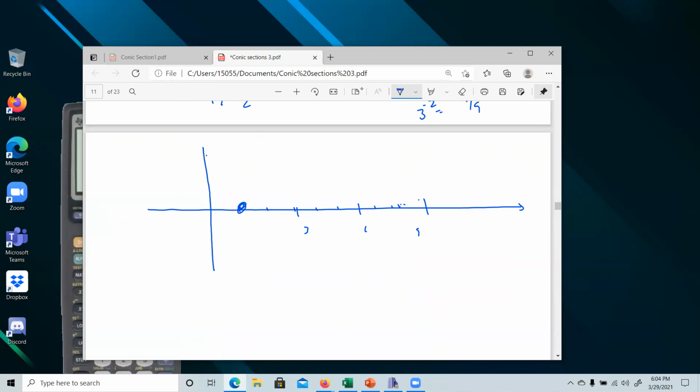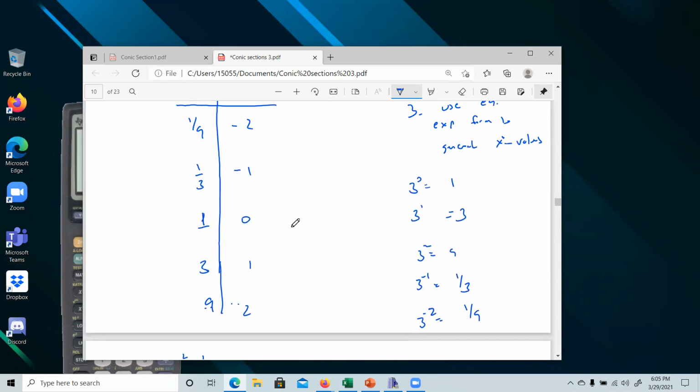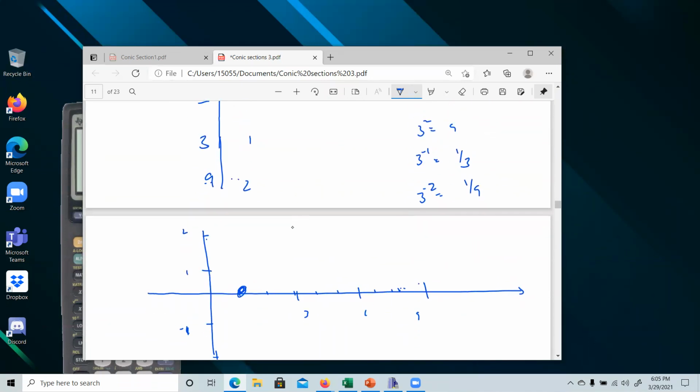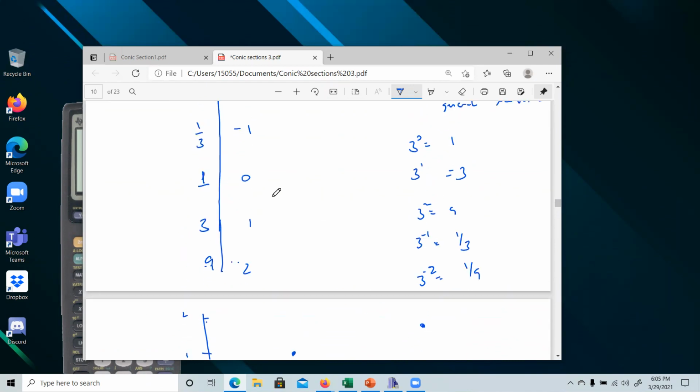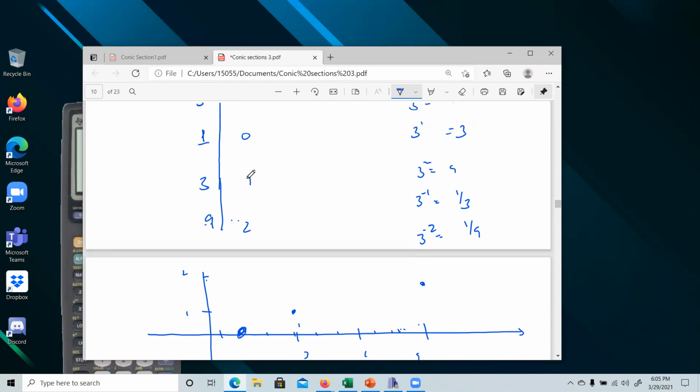So we have this point. When x was 3, right, y is equal to 1. When x is 9, we're all the way up here at 2. So yippee. Okay, we have x being 1/3, so we're here, give or take.